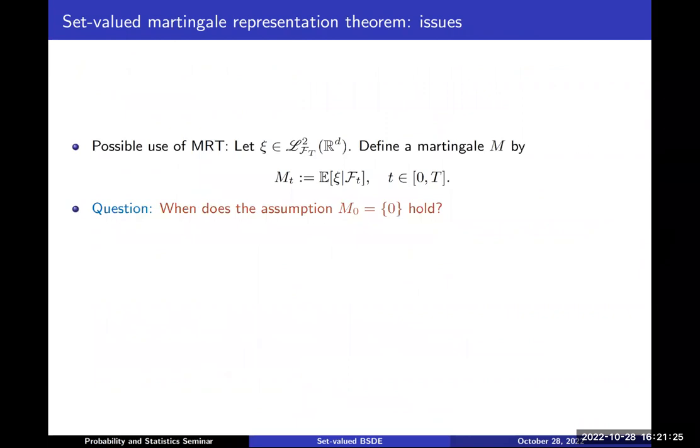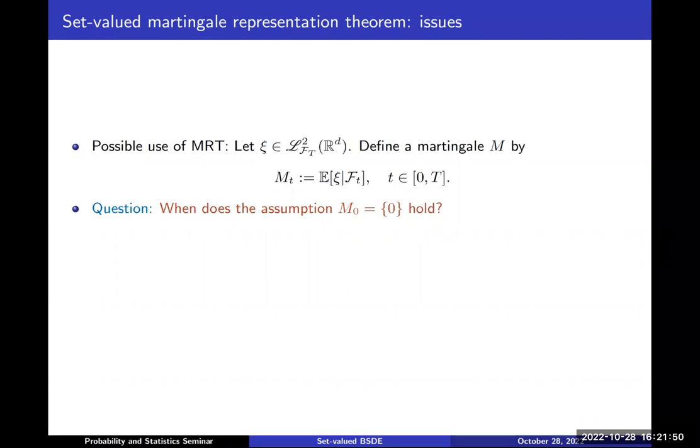So if you have some terminal value, let's say you are trying to prove the well-posedness of some BSDE, you are in the middle of it, at some point you need to use the martingale representation theorem. So you take a terminal value, you study this martingale, you want to represent it as a stochastic integral. So we want to use the theorem of Kisielewicz.